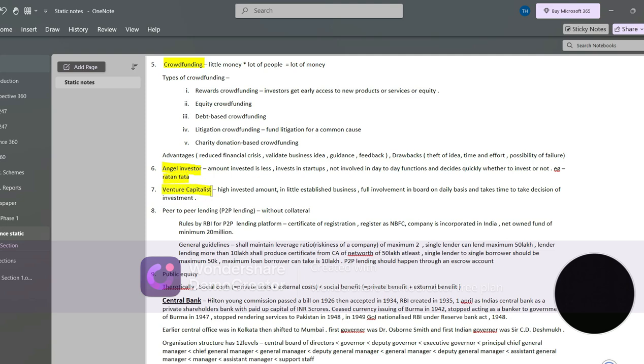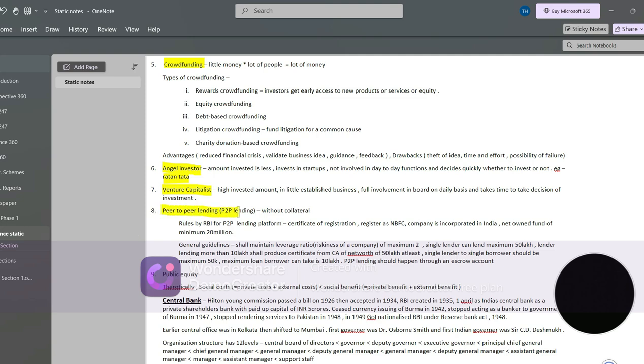These are kind of the opposite of angel investors. They invest a high amount and they don't invest in startups. They invest in somewhat established businesses and they are fully involved in the day-to-day activities of the company, and they properly decide whether they want to invest in that company or not.